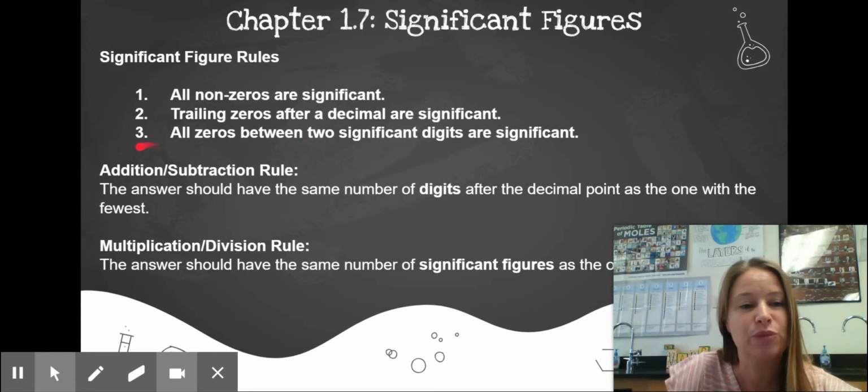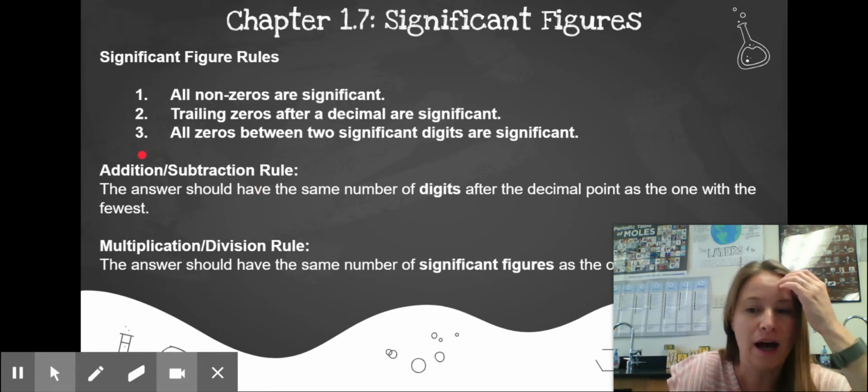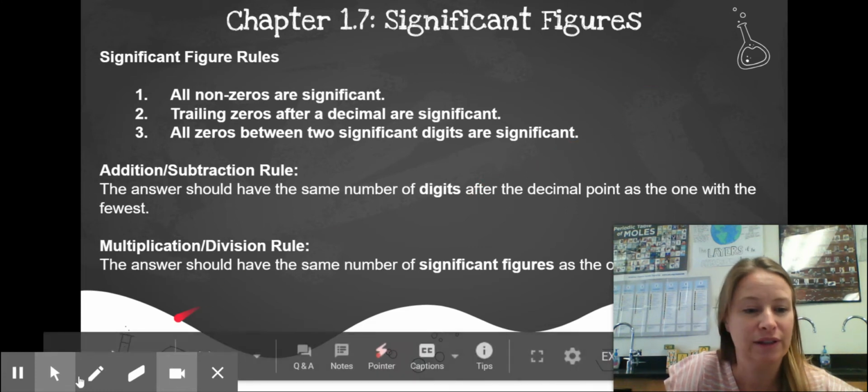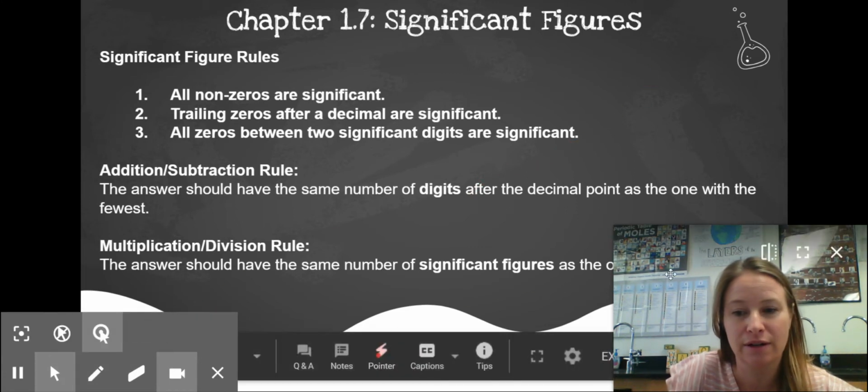When you add or subtract measurements, you are going to use the same number of digits after the decimal point as the one with the fewest. So if you were adding 1.5, let's write that up here, or down here, I should say.